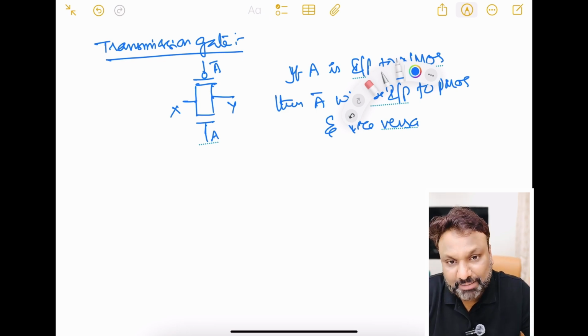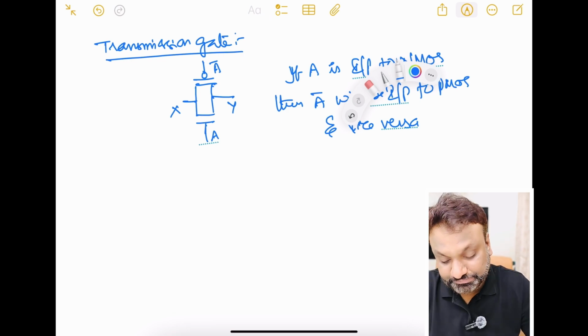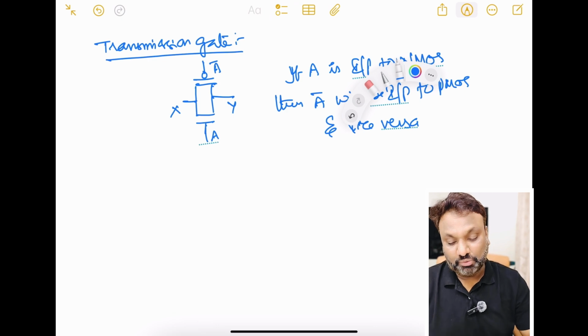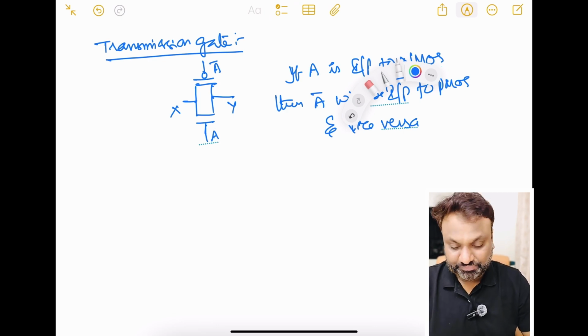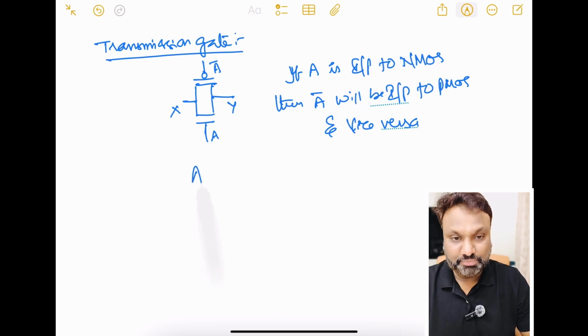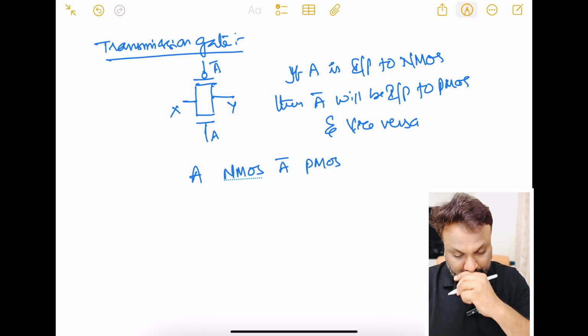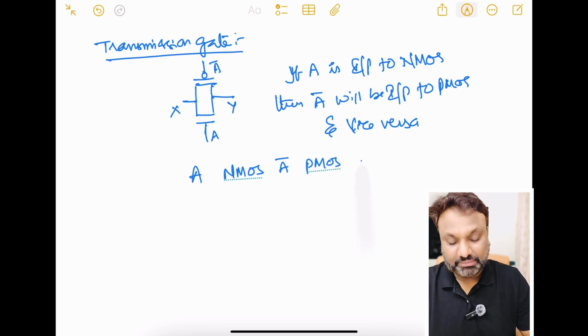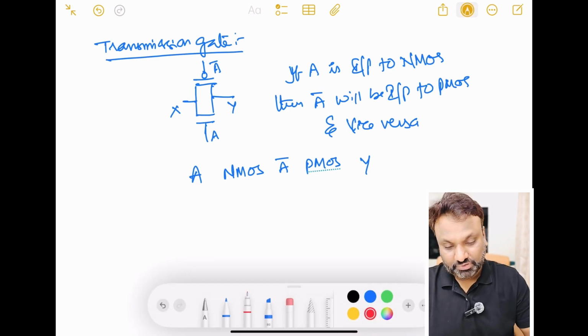So let us see what happens with this transmission gate, at what cases Y will be equal to X. I will take the A input to the NMOS, and A bar as the input to the PMOS. Y is my output.